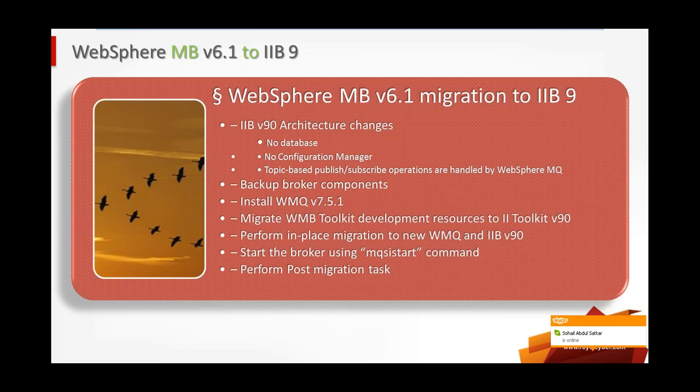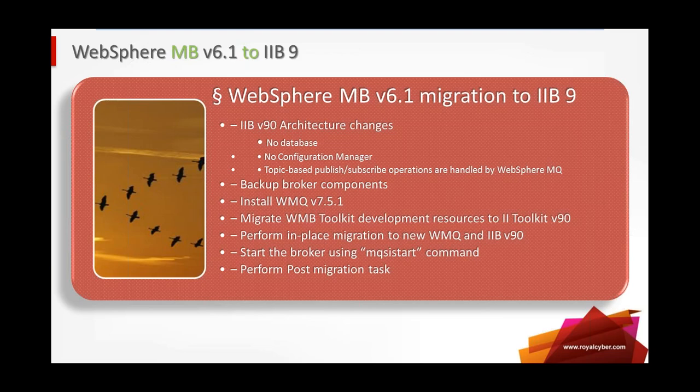Okay. Now we have talked about the migration from version 7.0 to 8.0 and 8.0 to version 9. Now we talk about the migration from version 6.1, Message Broker 6.1, to IIB 9. Here, because there are lots of changes in between, there is a very big difference from version 6.1 to IIB 9.